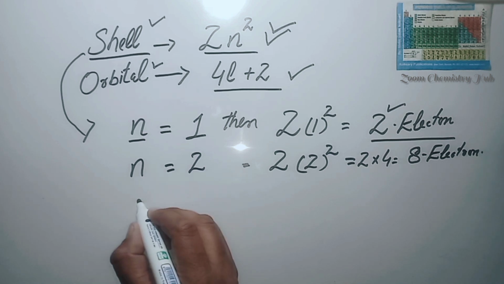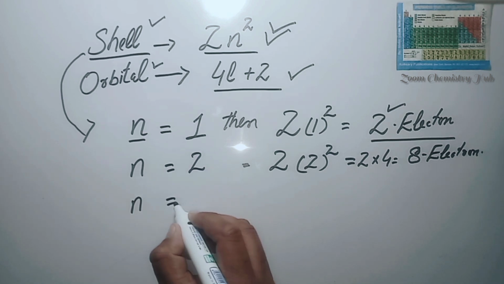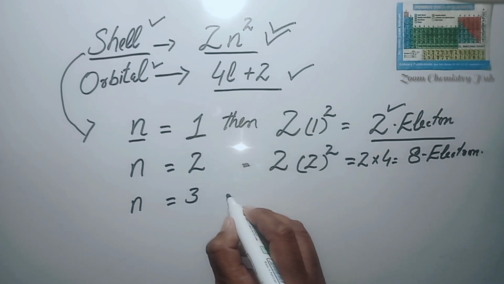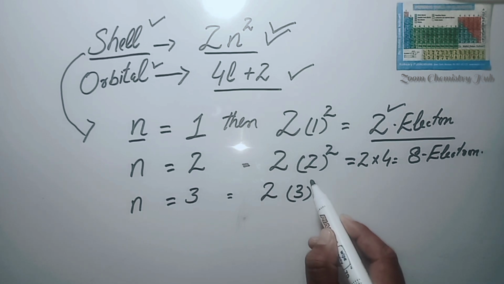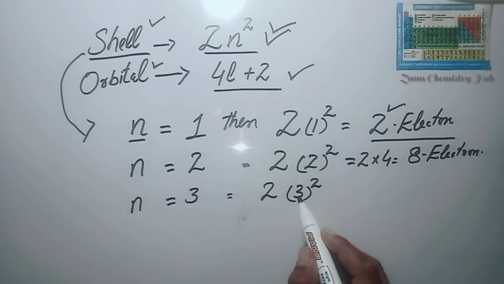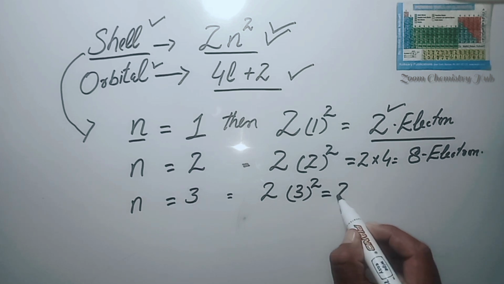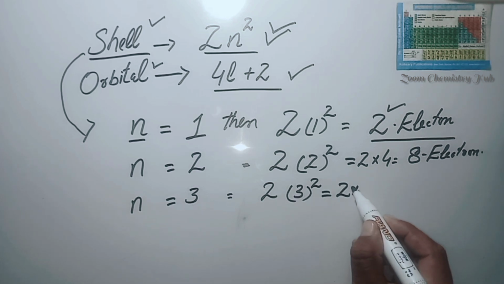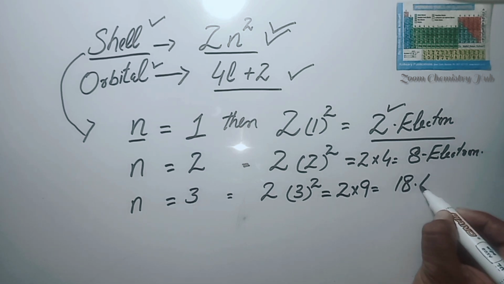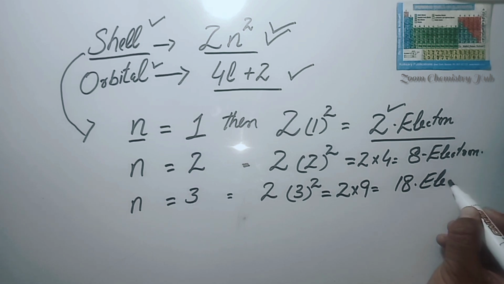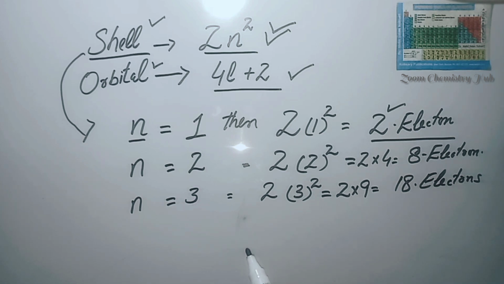Similarly in the third shell the n value is 3, and we write 2 into the square of 3, then 2 into 9, that is 18. So the maximum number of electrons according to the 2n square formula in the third shell is 18.